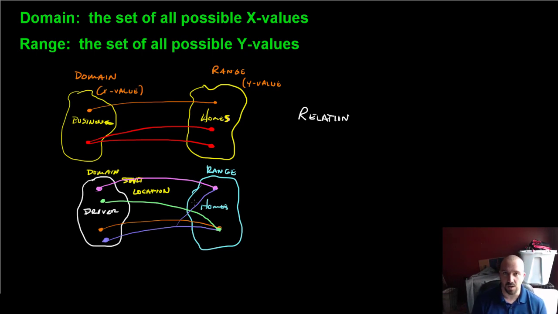That's not going to work. That's the problem with functions: it's a relation if they were to do this, sure, but they can't accomplish that because they can't be in two places at the same time. So we can't have that connection. This would be a function.